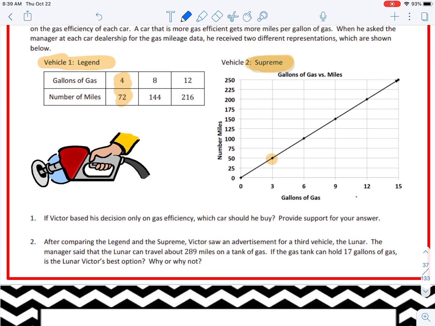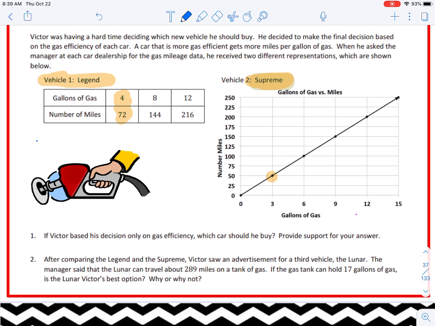For 4 gallons, they get 72 miles, so we need to divide 72 by 4. 4 goes into 7 once. We take 4 away from 7 to get 3. Bring down the 2. 4 goes into 32 8 times. So there's our answer. The Legend gets 18 miles per gallon. I'm going to write MPG because that's how we represent miles per gallon.